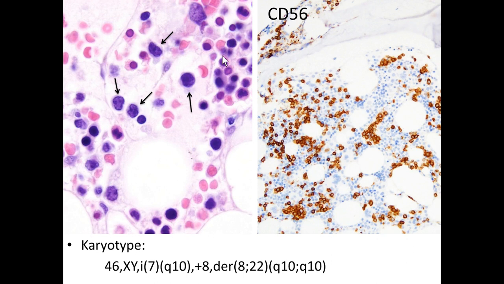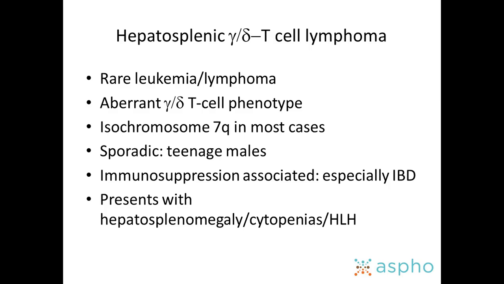Here is the biopsy showing that these abnormal lymphocytes tend to like to hang out in the sinusoids of the bone marrow, and an immunohistochemistry for the NK cell marker CD56 highlighting the cells packing the sinusoids. And ultimately the diagnosis was definitive by the identification of an isochromosome 7 as well as trisomy 8 in many of the patient's cells.